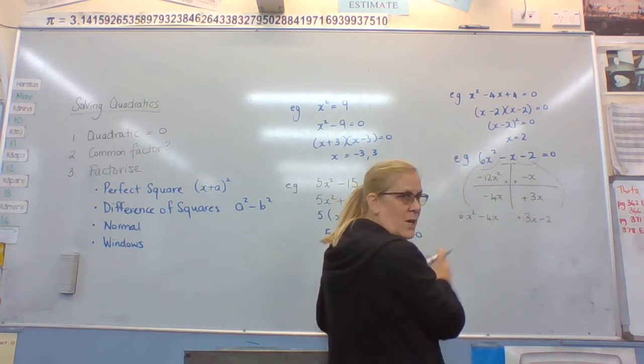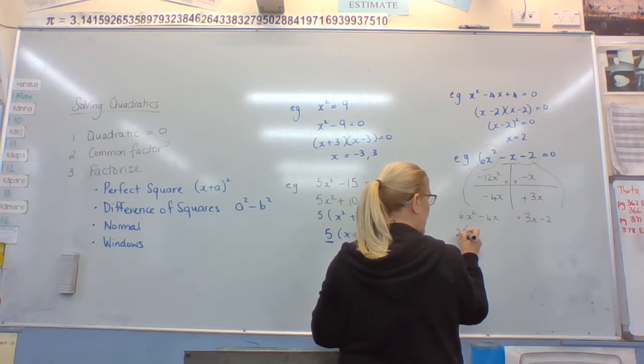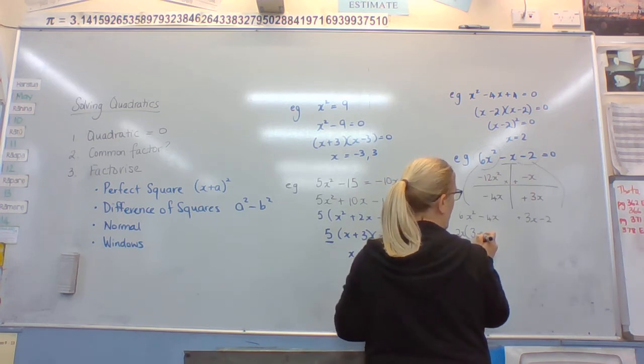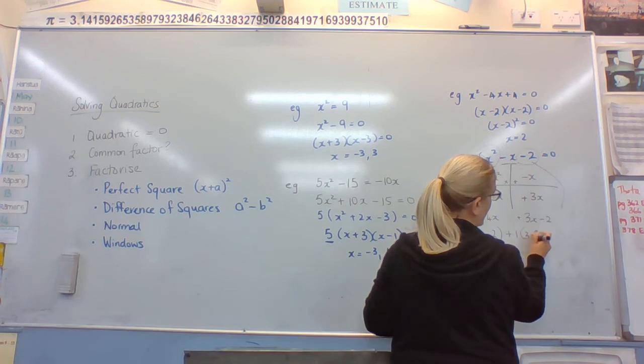So we factorise this one. What comes out of that? 2 and an x. So we get left with 3x minus 2 and 3x minus 2.